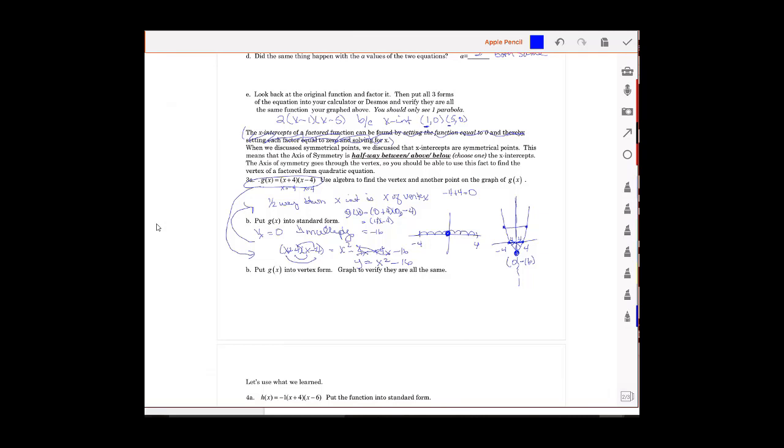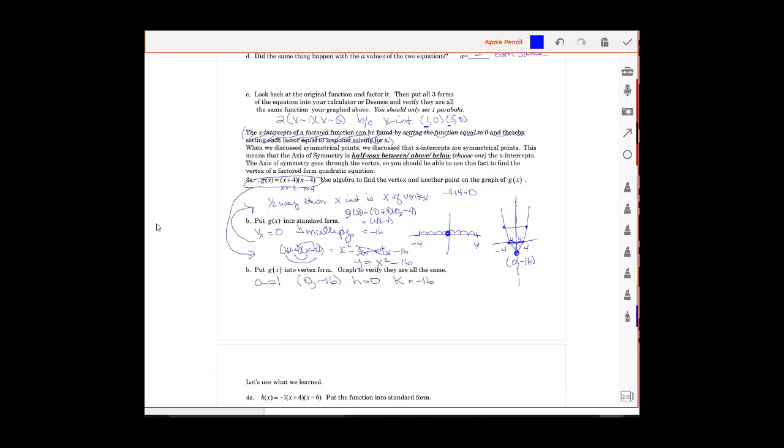And if I want to put it in vertex form, and then we'll verify all of these. My a is 1, so I know it is 1x squared. I know what the vertex is. It's (0, negative 16). So that means that h is equal to 0, and k is equal to negative 16. And that's all I need, because I need the x and the y.